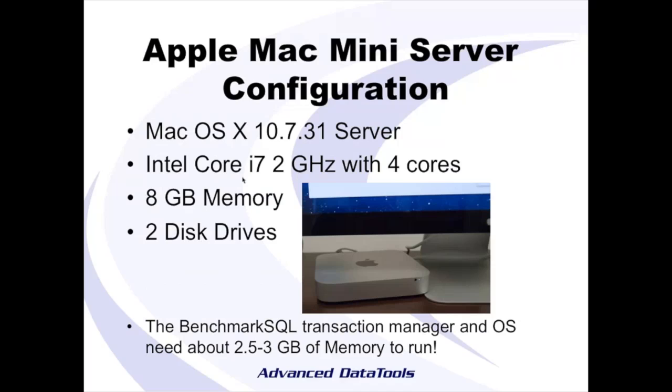And a key point that we tried to stress is we ran the benchmark transaction manager on this machine as well as the database. Typically in a benchmark, you'd run that on a separate machine. But here, since we ran it on the same machine, you had to save about 2.5 to 3 gigs of memory for the transaction manager. In an ideal world, it would have been nice to run that on a separate machine, but we said, heck, let's make that part of the contest. And in real life, you have a lot of stuff running on your machine. You don't always have just the database.